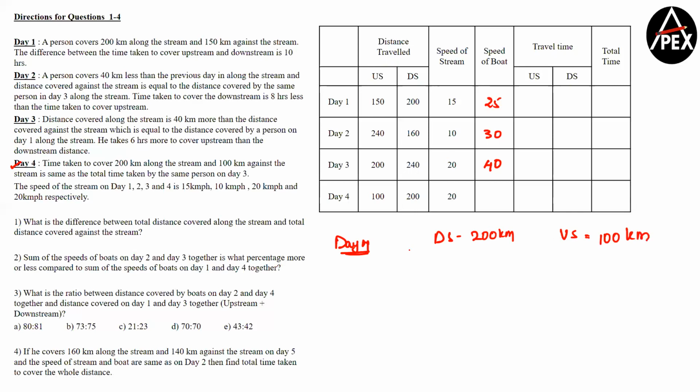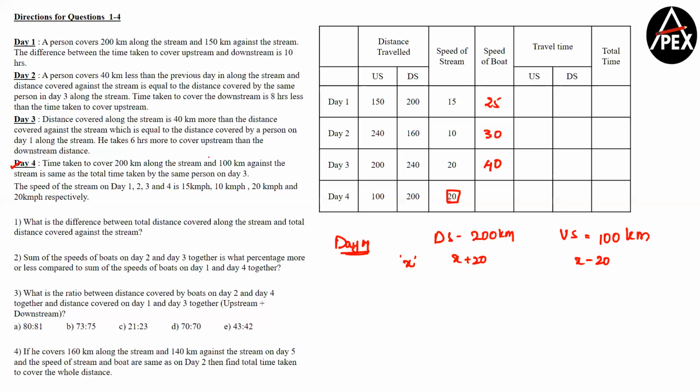Now on day 4, let us assume that the speed of boat is x. So in downstream, the speed will be x plus 20, and upstream it will be x minus 20.